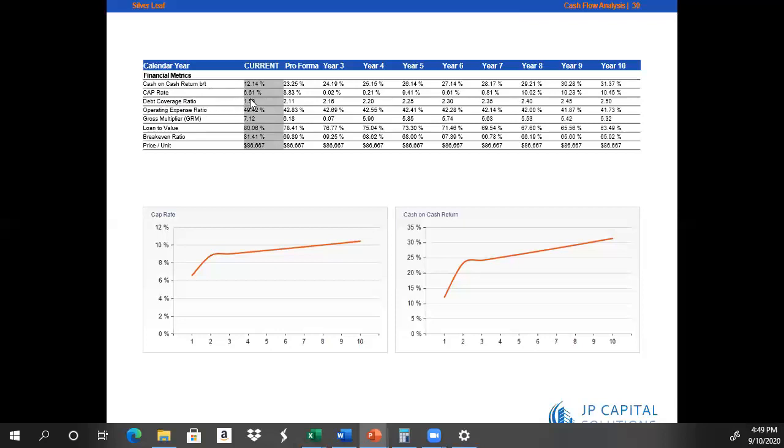If you don't know what that is, go to the terms. I have all the glossary. You go to www.jpcapitalsolutions.com/glossary. You can get all the terms, study them and get familiar. But the banks will look at a 1.25 coverage ratio and above. That means the NOI has to be 1.25 times greater than the loan payment.